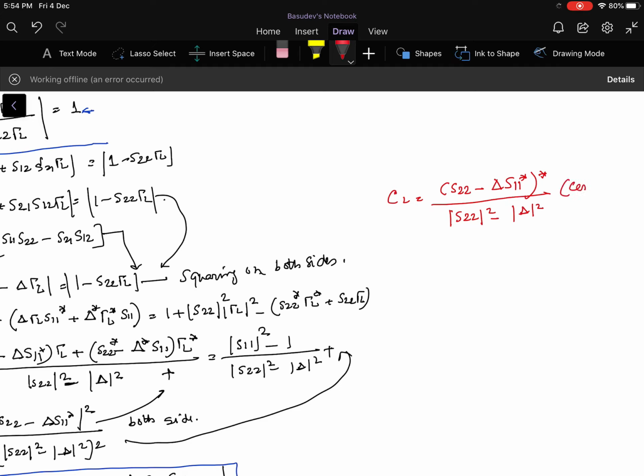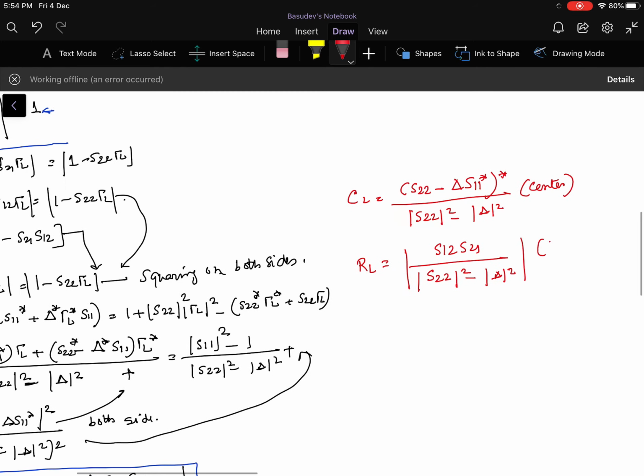This is my center. Similar way, my radius I am writing as RL, which is S12 S21 over the same denominator. The denominator is the same in both the cases.